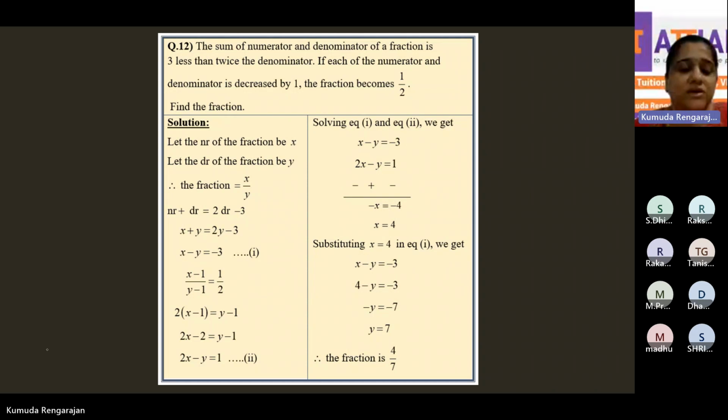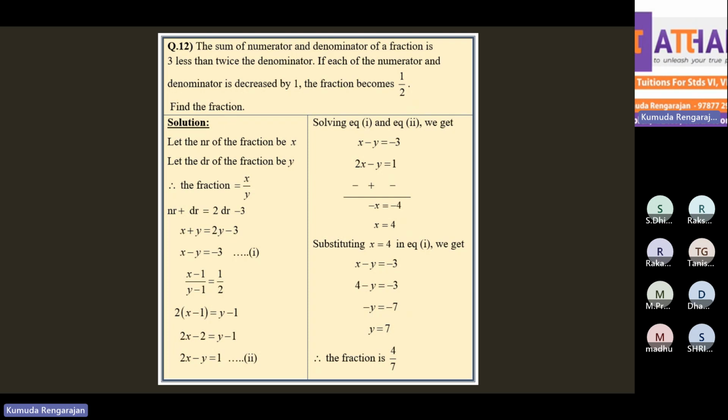Then the other equation is simple. If each of the numerator and denominator is decreased by 1, it becomes 1 by 2. The sum of the numerator and denominator is 3 less than twice the denominator.